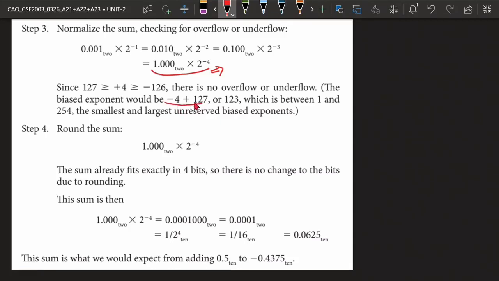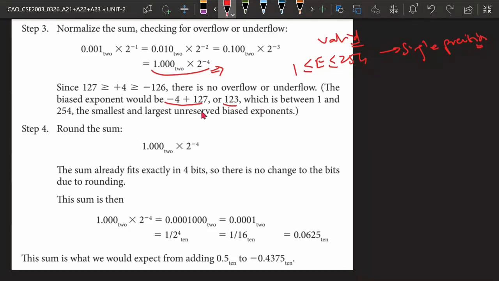Once we add 127, it comes out to be 123. The normal range of exponent is 1 to 254 in the case of single precision, as we have just seen. So 123 lies between 1 and 254, so that is a valid number.